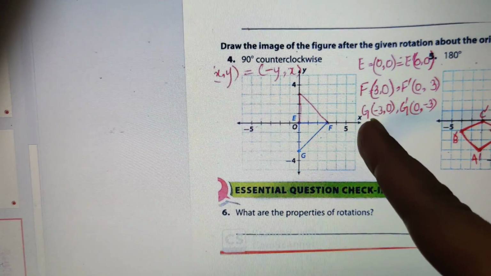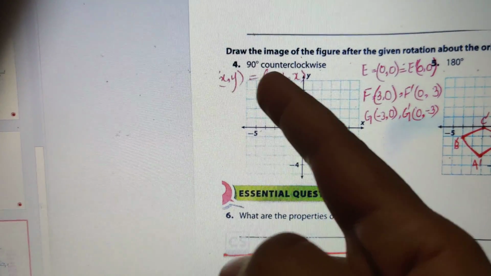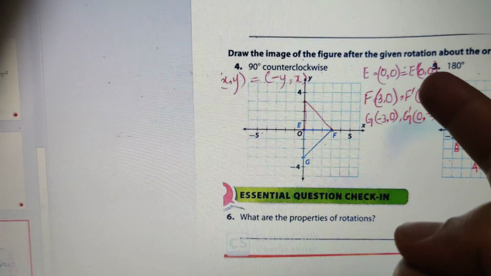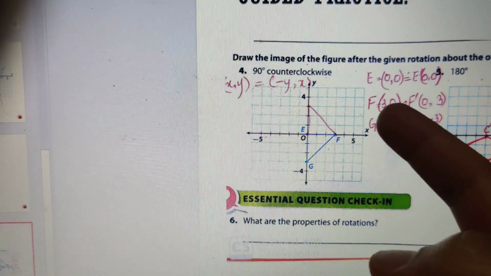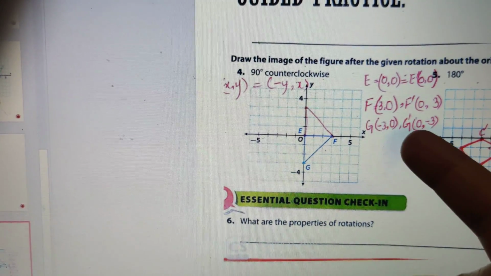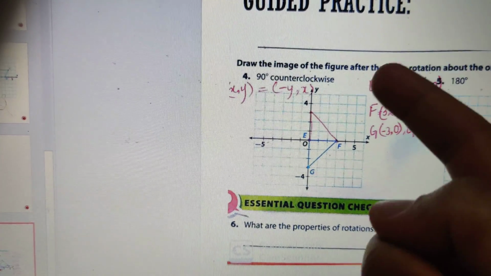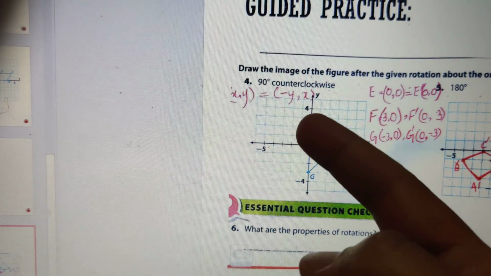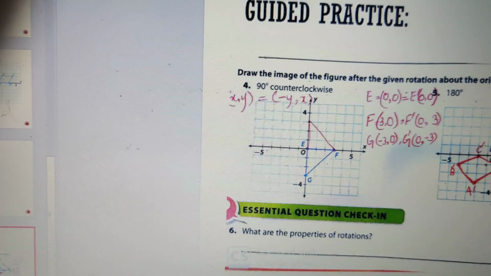I wrote these coordinates here. Now according to this formula, when you switch the places, 0 and 0 change; if you switch it, it will be again 0 and 0. 3, 0 becomes 0, 3. Negative 3, 0 becomes 0, negative 3. These are according to the formula. When I got these coordinates, I just put the points here. Now our rotation is here.